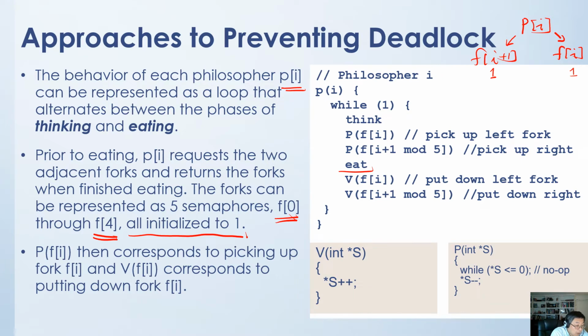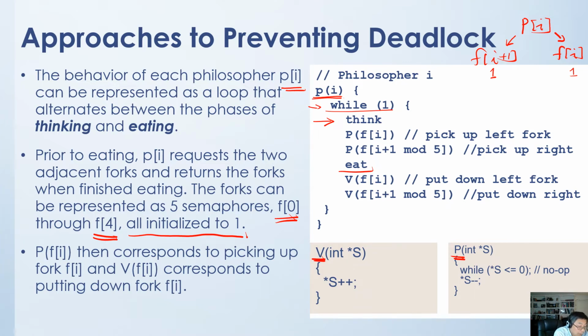Remember, for semaphores we defined the semaphore and also defined 2 operations, P and V. These are 2 atomic operations. So when the philosopher Pi is working, in a while loop, and when the philosopher is thinking, it doesn't need to take any action, just thinking.